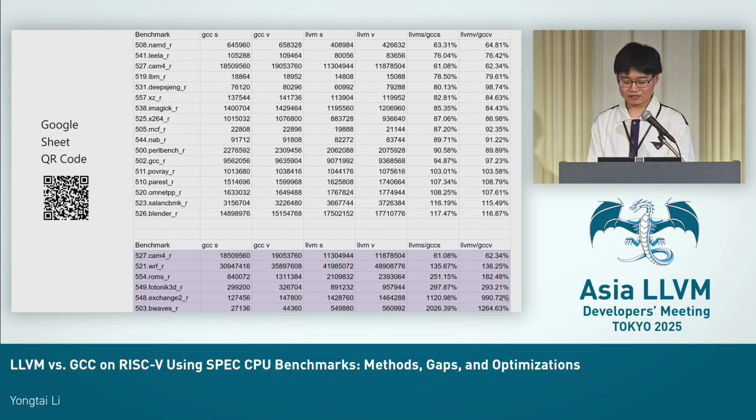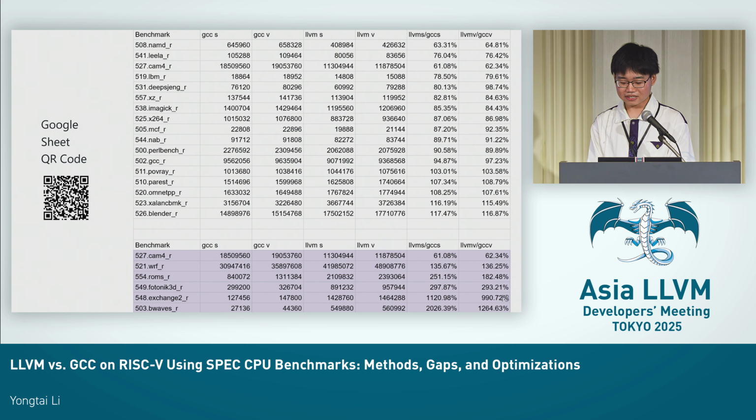Okay, this table shows the raw data, which can be viewed by scanning the QR code. At the top of the table are the C and C++ benchmarks, and at the bottom are the Fortran benchmarks. By the way, some benchmarks contain both C and Fortran code. I classified them based on whichever has the most lines of code.